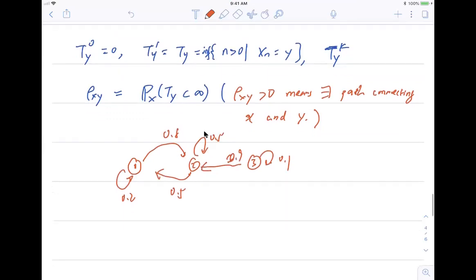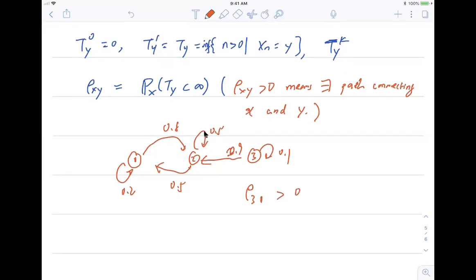You can check very easily that rho_31 is positive. Why is rho_31 positive? Because there exists a path to reach 1 from 3.